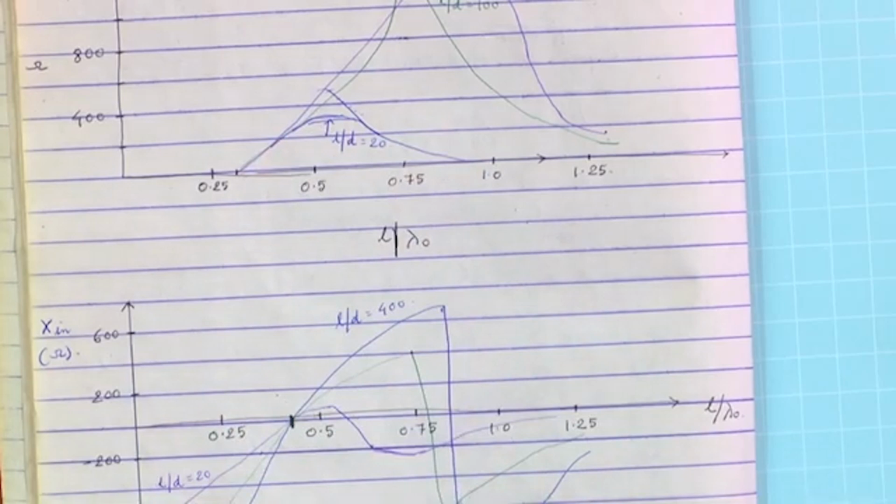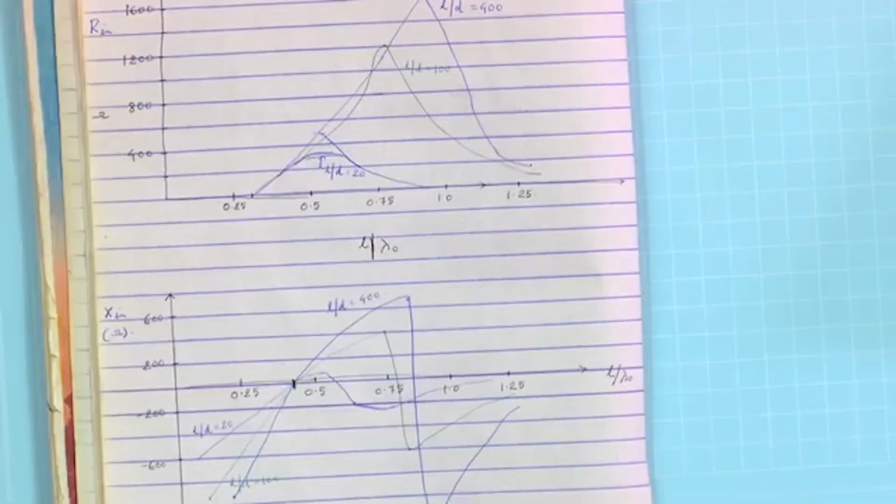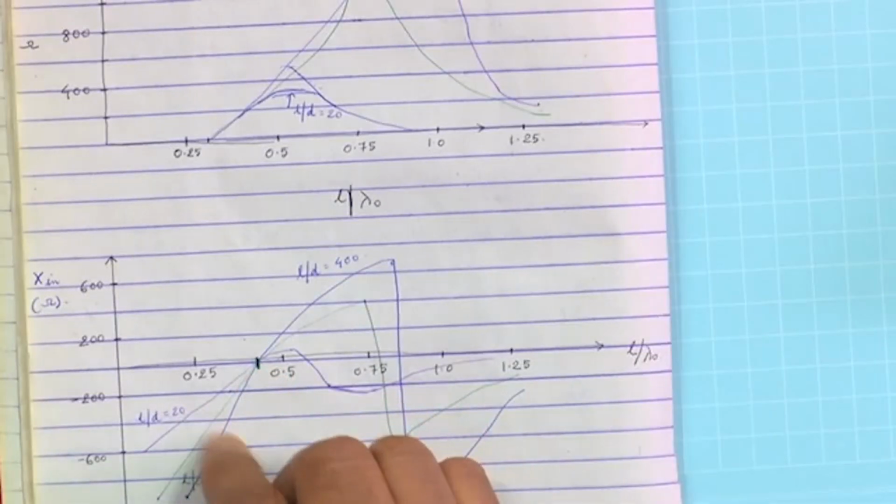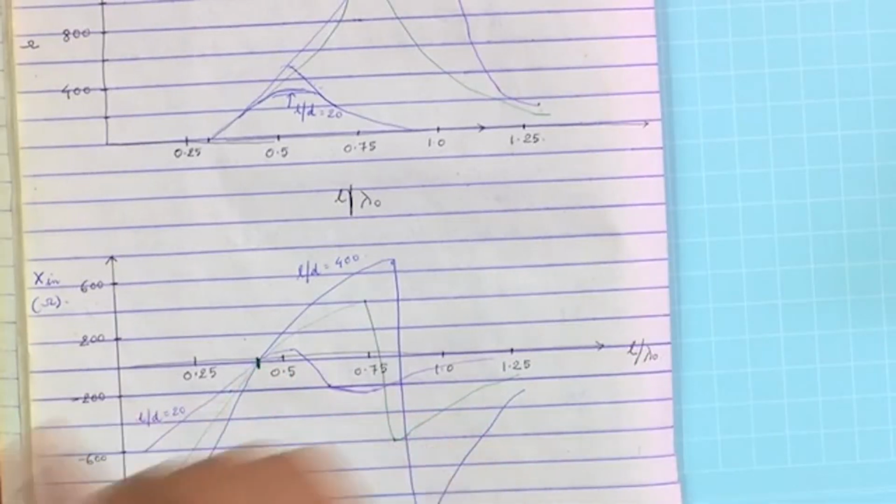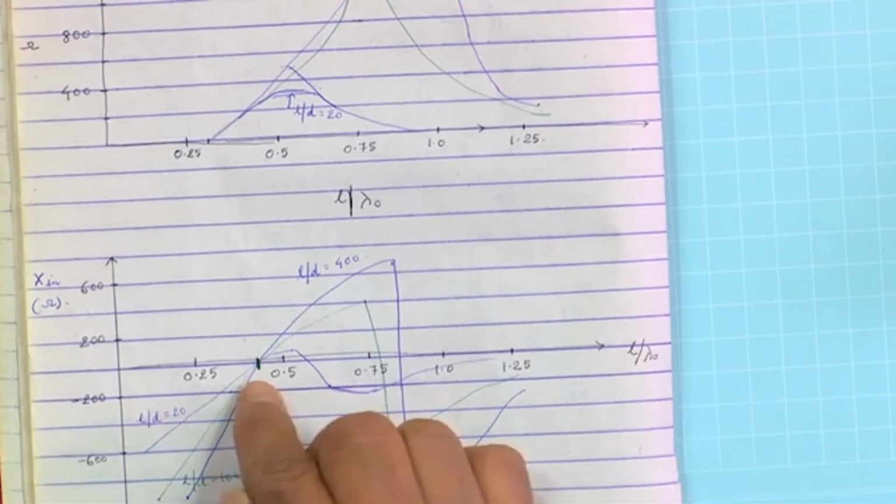So, that means it is not exactly a half wave dipole, but a bit lower than that, 0.48, because for a half wave dipole L by lambda naught is 0.5. But at 0.48, for all various diameters, that means whatever may be the thickness of the dipole, the reactive part goes to 0.